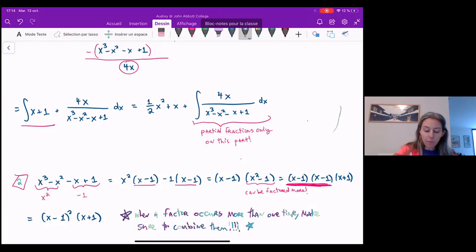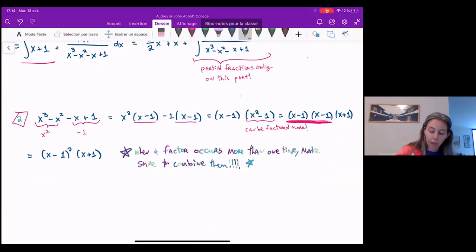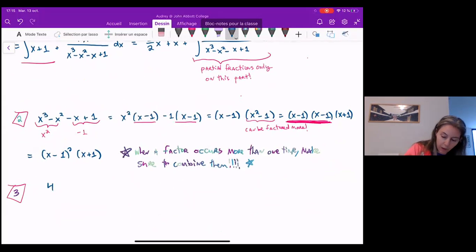Okay, so then step 3 is to create our partial fractions decomposition. And so when I rewrite this thing, I'm going to just ignore my integral for the time being. I'm just dealing with this 4x over x cubed minus x squared minus x plus 1. Except I'm going to write now the factored denominator here, x minus 1 squared times x plus 1.